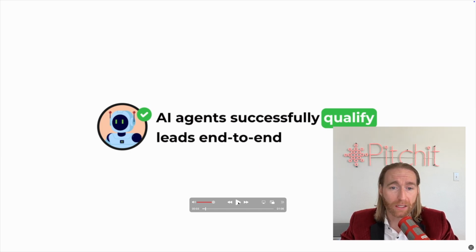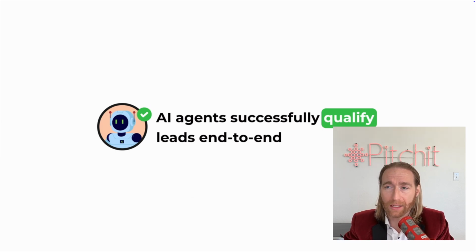And so that is effectively why it is so much easier for a business to leverage AI agents to solve this problem for them. So without further ado, that is effectively how Pitchit's AI agents can successfully qualify leads end to end while adhering to all of the security and TCPA, etc. policies that your company is going to have to participate in.